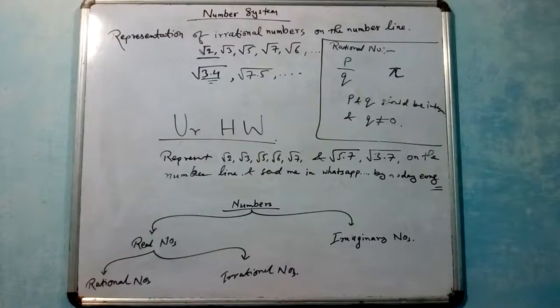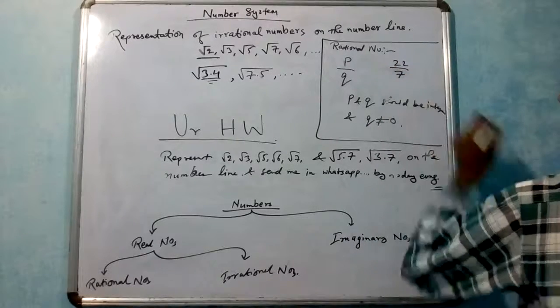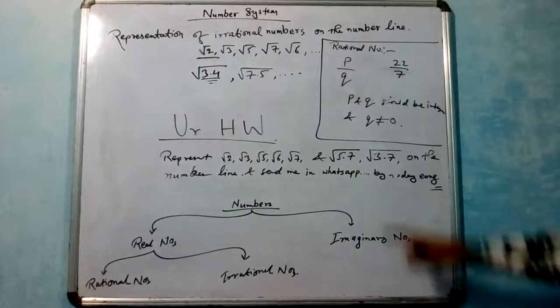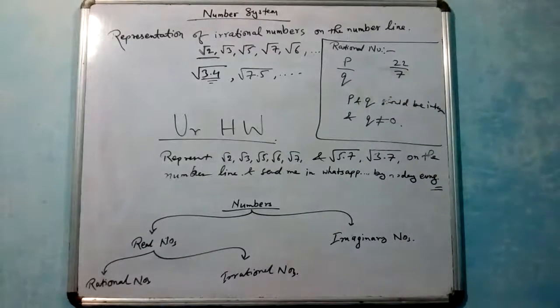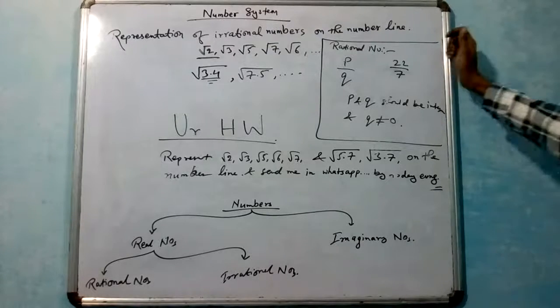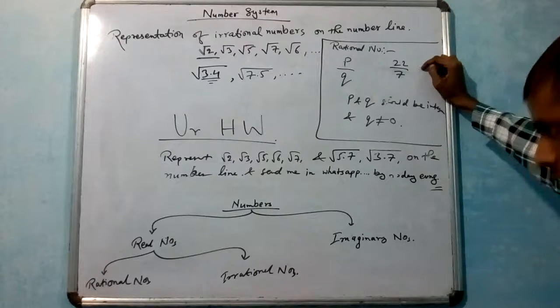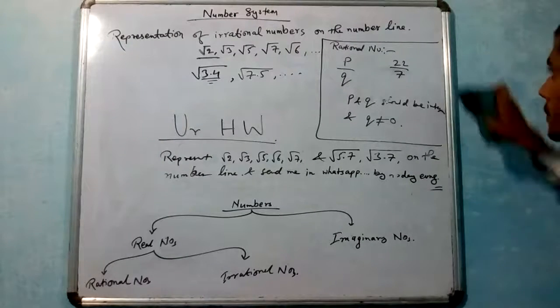What is pi, rational or irrational? Okay, pi is irrational, good. And what is 22 by 7? Yes, why it is a rational number? Okay, good. Then what are irrational numbers?